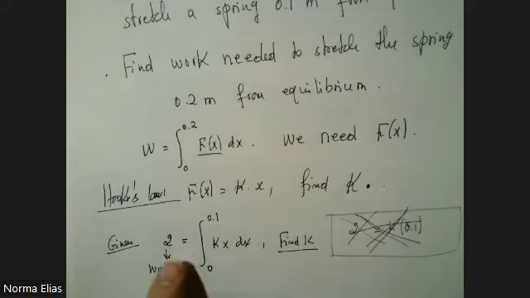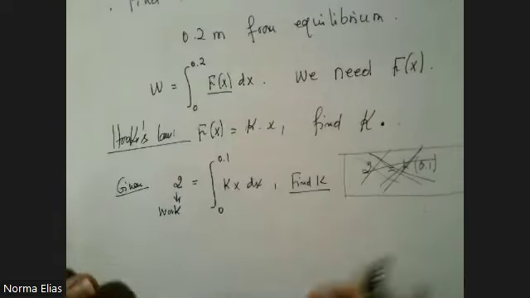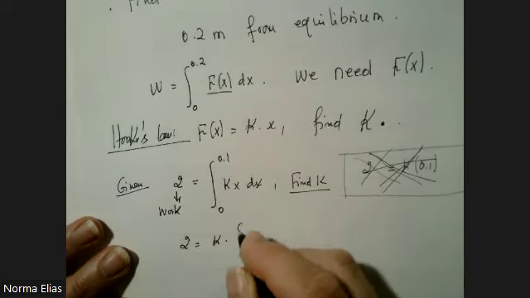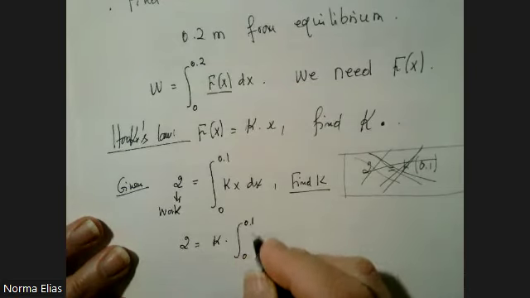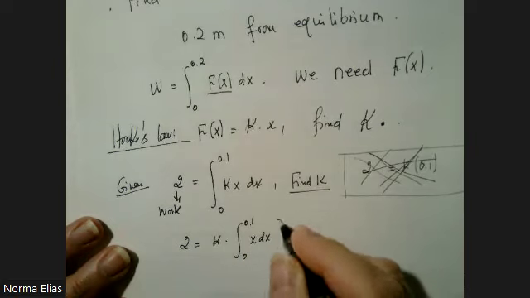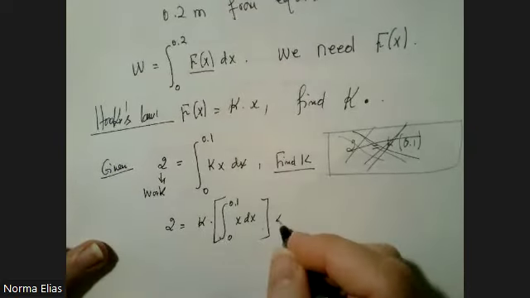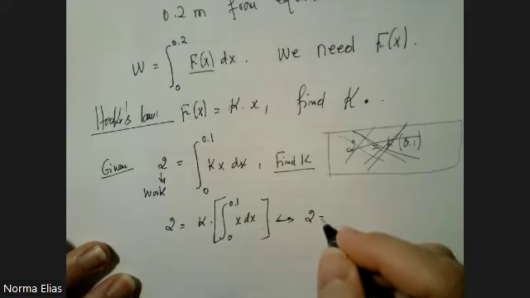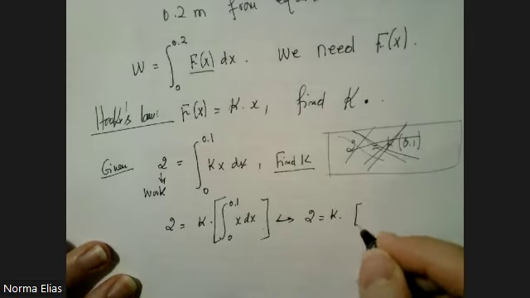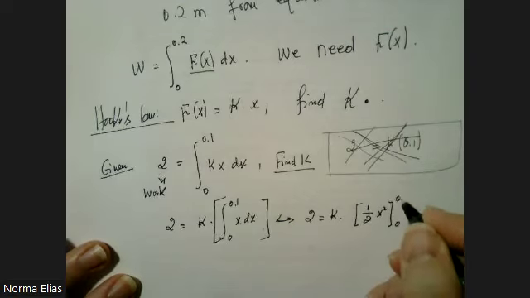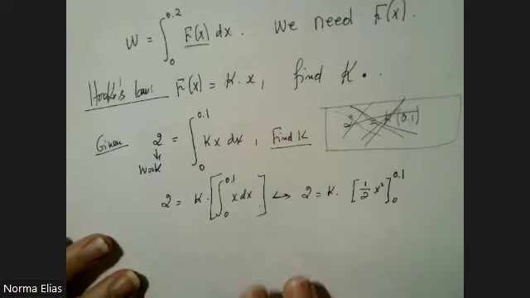All right, I'm going to set the work equal to that. So 2 equals k times the integral from 0 to 0.1 of x dx, and I need to find my k. This gives me 2 equals k times a half x squared evaluated between 0 and 0.1.